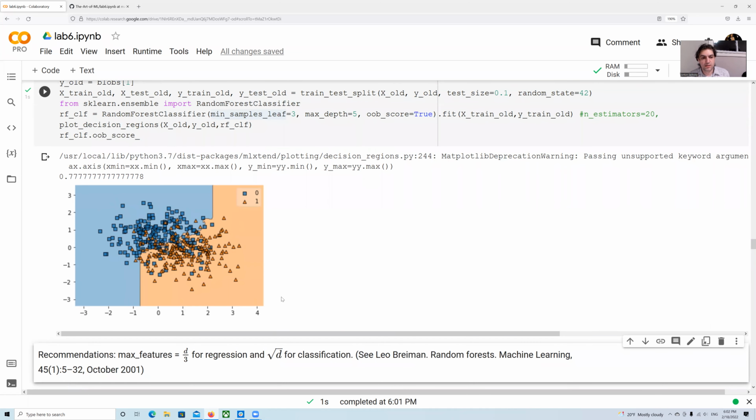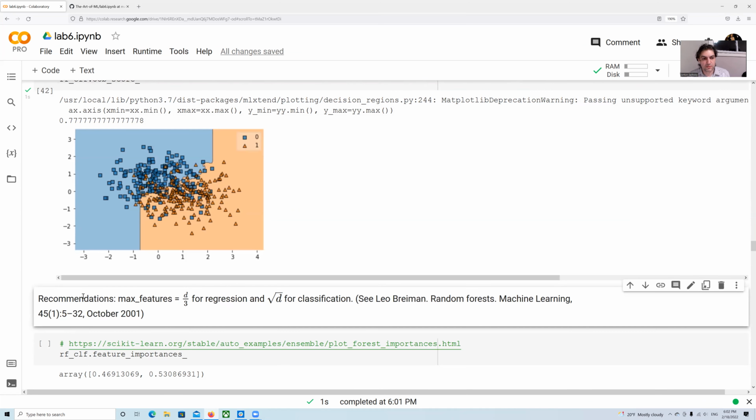And here is the recommendation for the maximum number of features which we use. It's a third of features for regression and the square root of the number of features for classification.